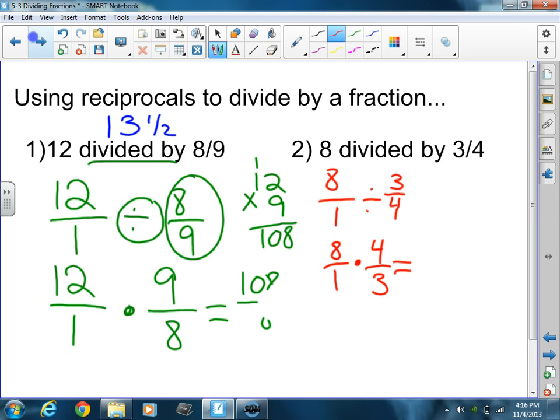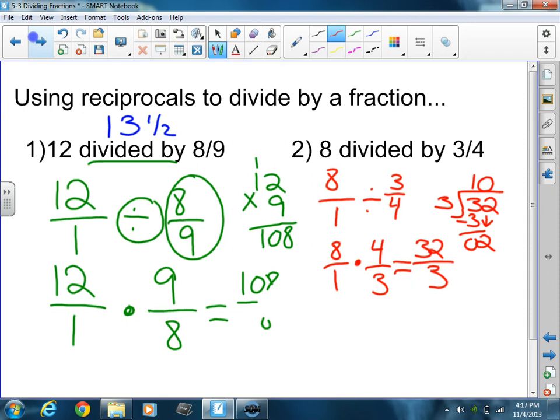8 times 4 is 32. 1 times 3 is 3. Now I can divide to reduce. 32 divided by 3. 3 goes into 3 one time. Bring down the 2. 3 does not go into 2 at all.